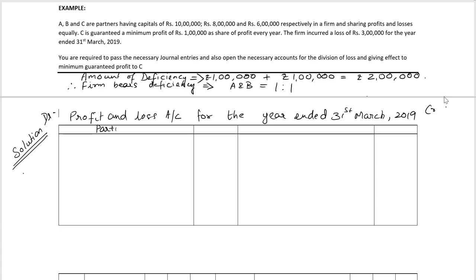Particulars, rupees, particulars, rupees. We'll bring down the losses of rupees 3 lakh: to losses brought down rupees 3 lakh.